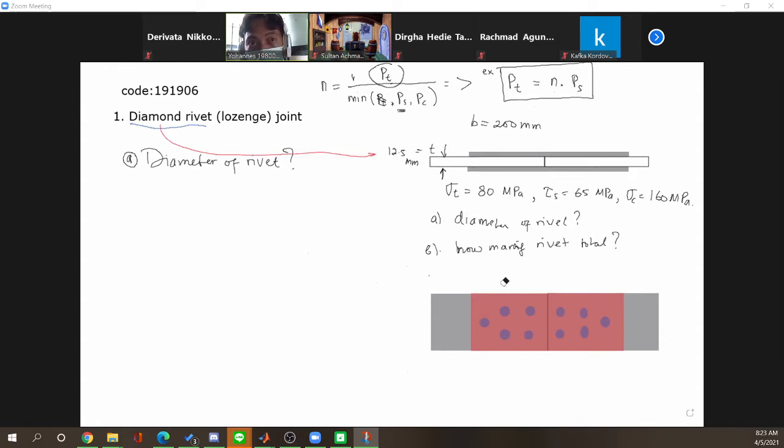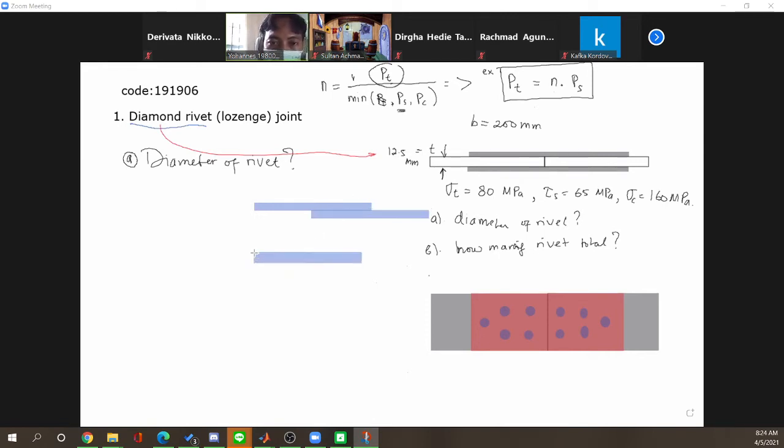But for the single lap, for this kind of joint, the total rivet is the total number in this overlap. So if you found 5 here, then it means the total number of 5 for this whole joint.